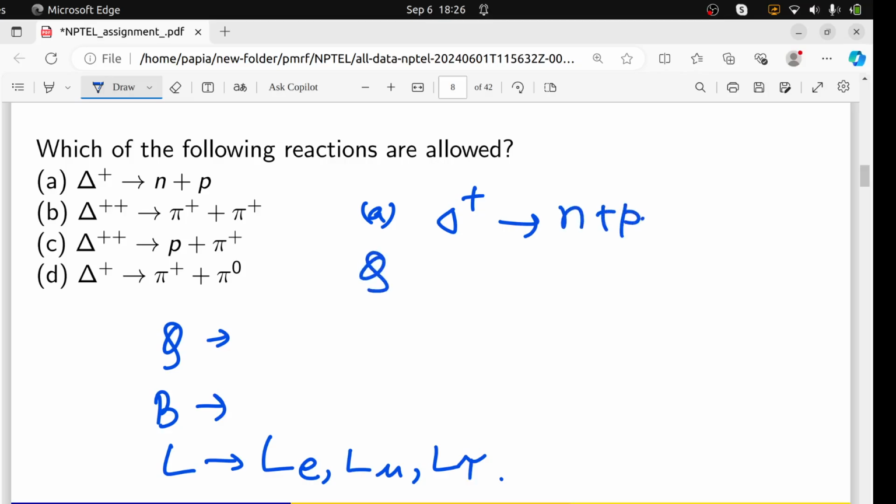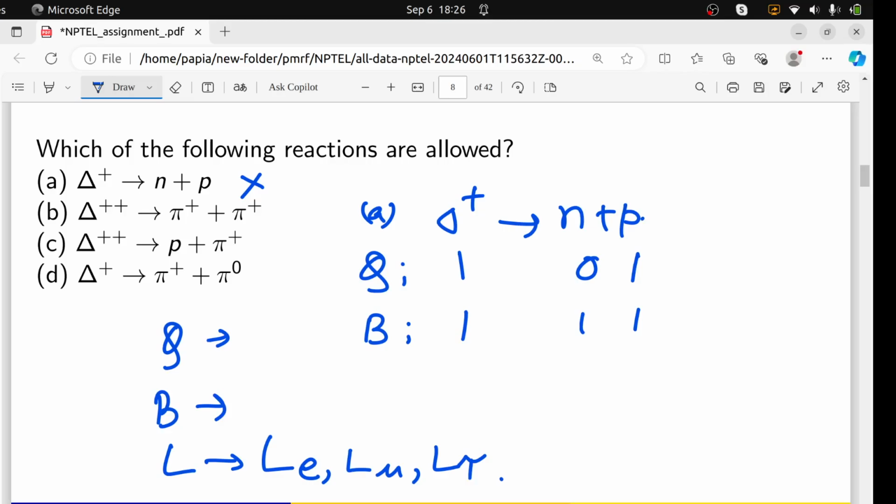The charge is fine because it's 1, 0, 1. What about baryon number? Baryon number is 1 because delta plus is a baryon. Neutron is also a baryon, proton is also a baryon. Now you can see that baryon number is not conserved here; it is violated by 1. So obviously this reaction will not happen.